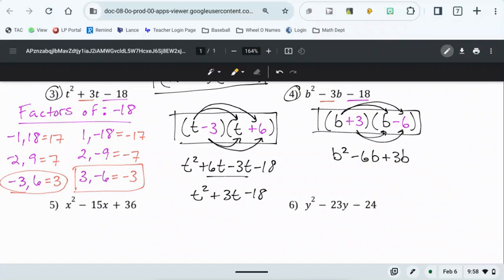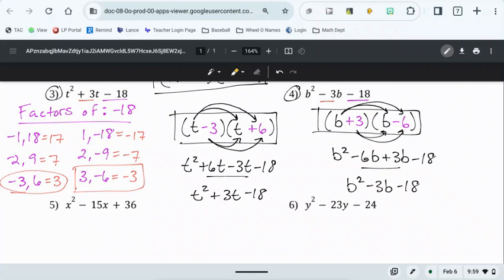And then 3 times negative 6 is negative 18. Combine like terms. b squared minus 3b minus 18, and we got back to where we started. So we know, again, we found the correct set of factors and we have factored correctly.